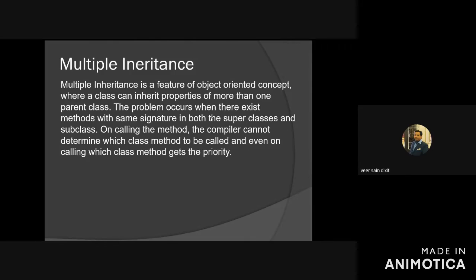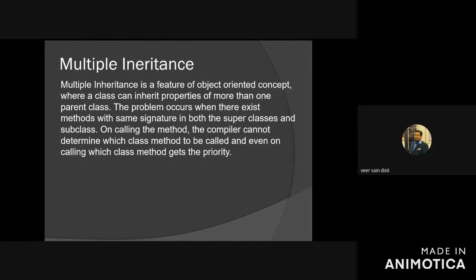So this is an example of hybrid inheritance, where from the grandparent superclass you are making two subclasses, parent 1 and parent 2, that is hierarchical inheritance, and from the parent 1 and parent 2 subclasses you are making another subclass child, which is multiple inheritance. This combination of hierarchical and multiple inheritance is known as hybrid inheritance.